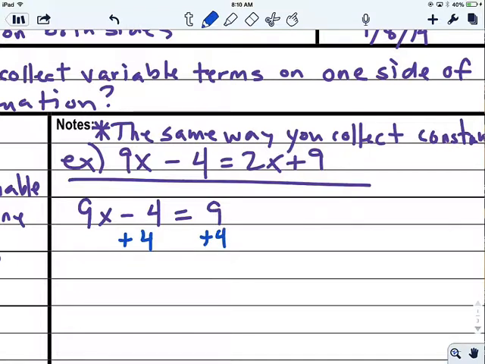But let's look at what that does. It's going to cancel out this negative 4, and I'm going to have 9x equals 13. So all of the constant terms, all the terms that don't have a variable attached to them, are now over on the right side of the equation. There are no more constant terms over here on the left side. We just have a variable term left.